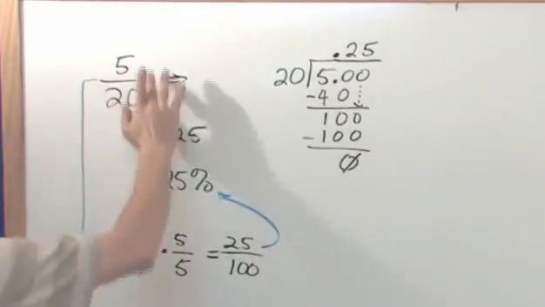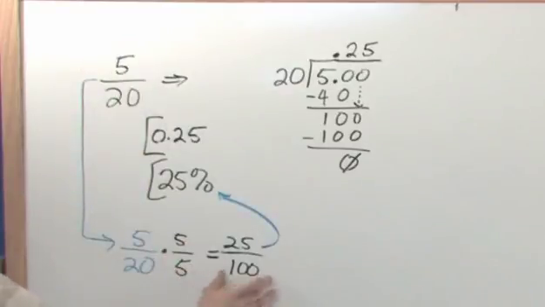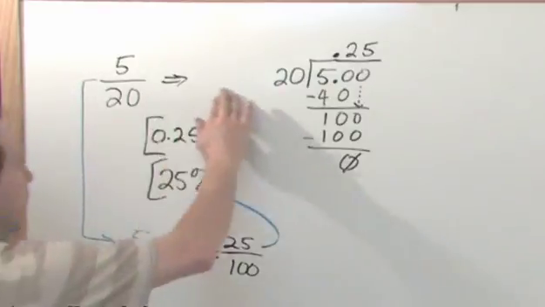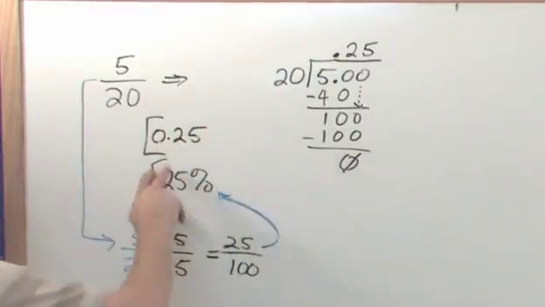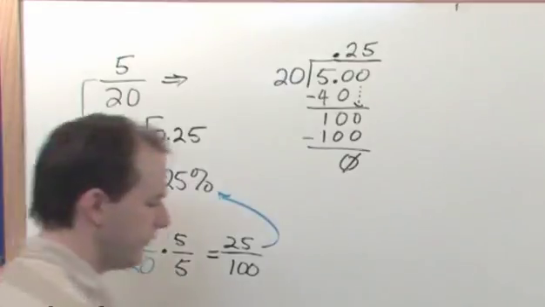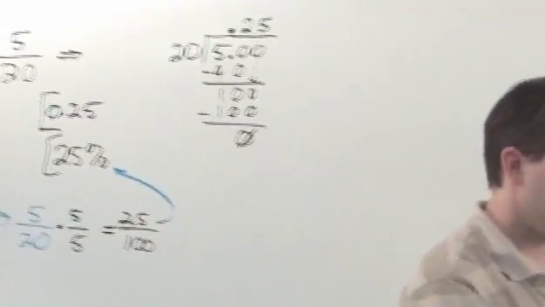If you can take your fraction and multiply it by something, top and bottom, to make the bottom equal to 100, then you can read the percentage right off the top like we did before. You're not going to always be able to do that, but it's instructive what's going on. Otherwise, you just do the division like we did, arrive at your decimal, move your decimal point to get your percent. So let's just continue getting some practice with this, and I think it will even become more clear.